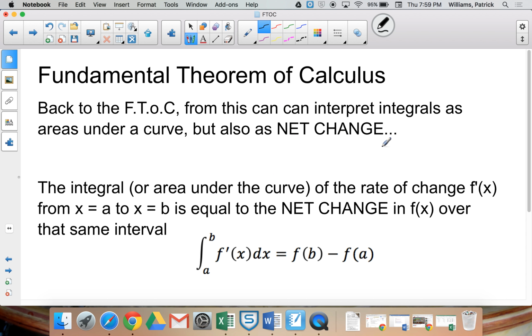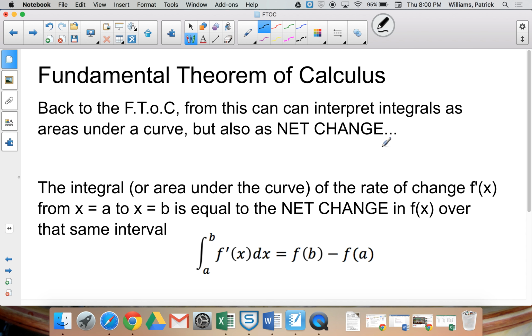So, as I said before, the fundamental theorem of calculus. Now we kind of know what this thing called the antiderivative is. Again, it's kind of like the opposite of a derivative, whereas a derivative is like going forwards, an antiderivative is like going backwards. But we also knew in previous units that the definite integral represented an area under the curve. Well, it turns out that that area under the curve also represents a net change.